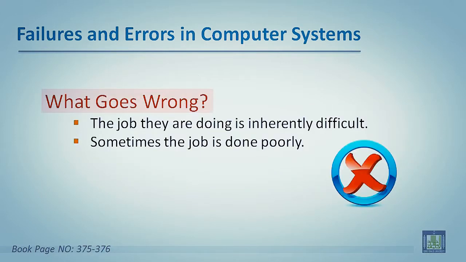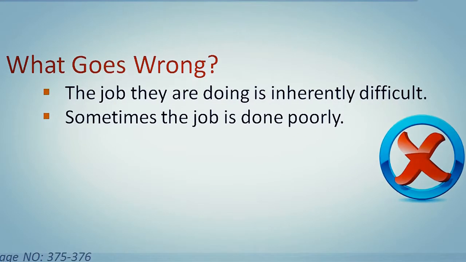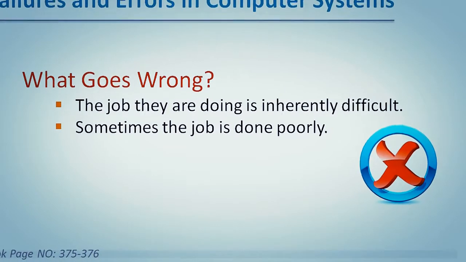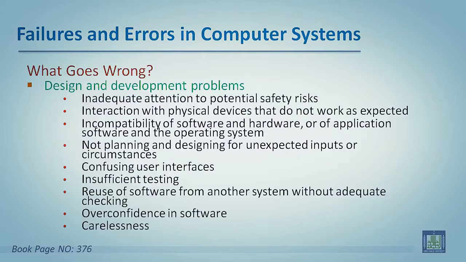Let's see why these failures in computer systems happen. What goes wrong? First, the job they are doing is difficult and could be done poorly.